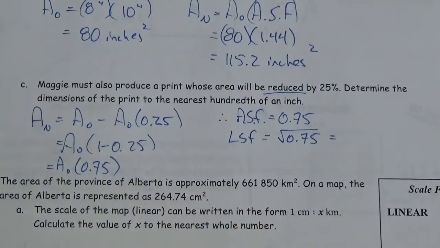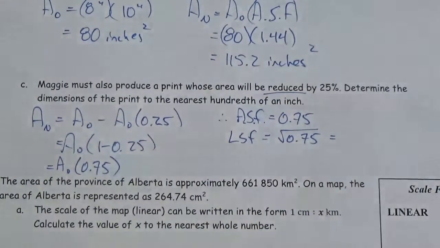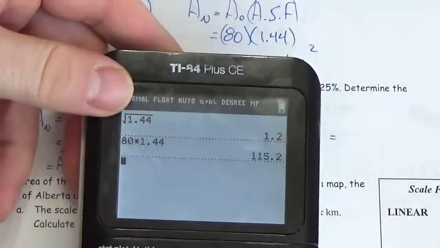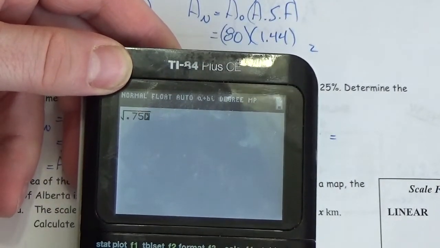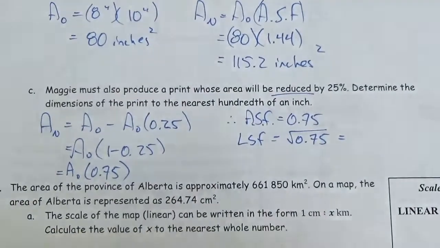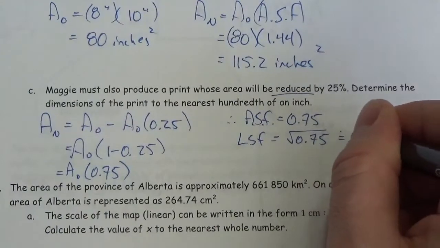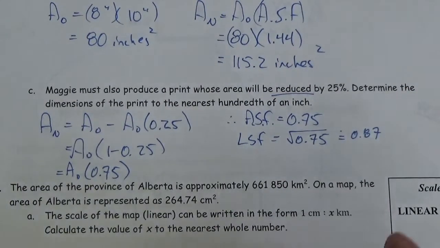Actually, I can leave it like that, although maybe I'll give you a decimal equivalent. The square root of 0.75 is going to be roughly 0.87, so this will be approximately 0.87, just to give you a sense of what we're doing there.